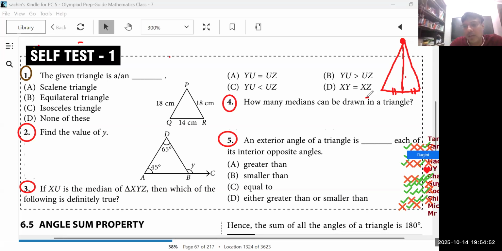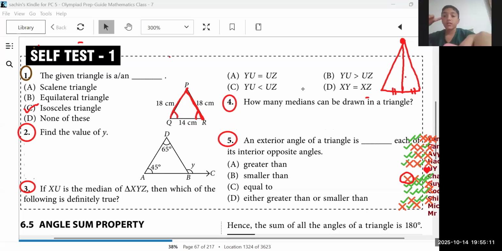The first one, Chatty. You don't know what an isosceles triangle is, which has two sides equal? In an isosceles triangle, both sides are equal and the base angles are equal, like this. Mickey Mouse, you don't know what an isosceles triangle is? Sir, I know. Chatty, what about you?